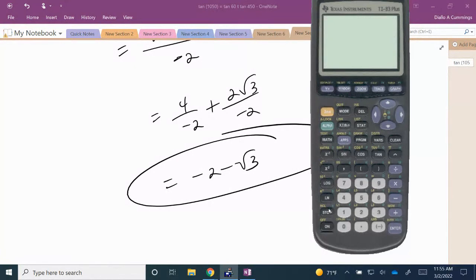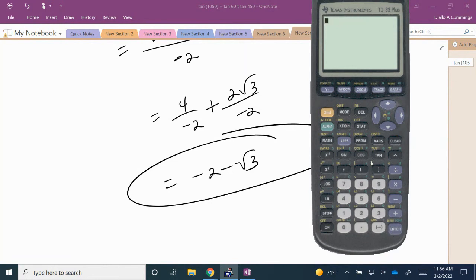So we had the tangent of 105 degrees, so that's the tangent of 105, which was negative 3.73. Next, I'm going to evaluate negative 2 minus the square root of 3. Right, and we have the exact value.